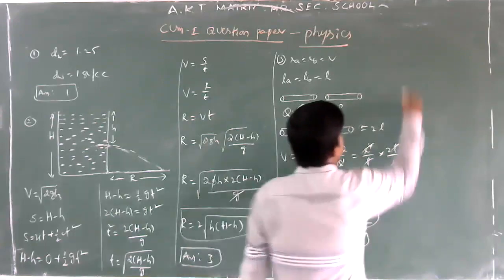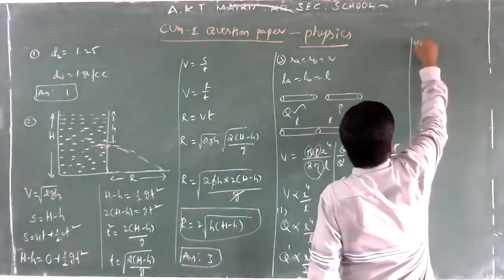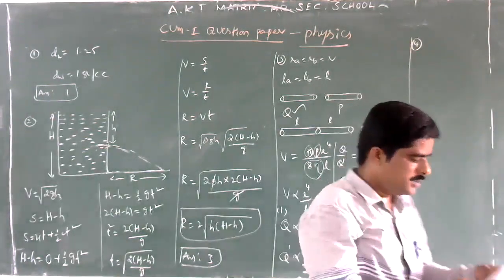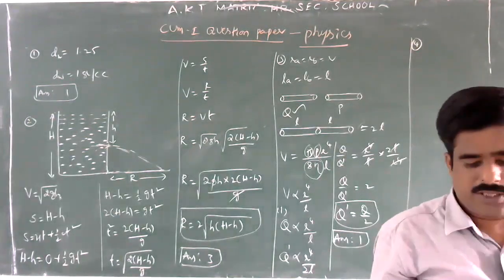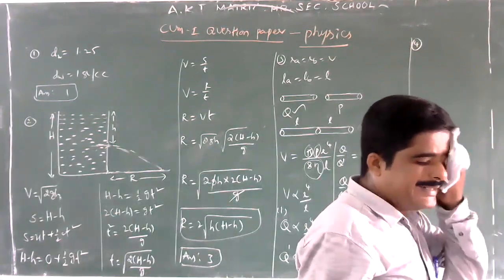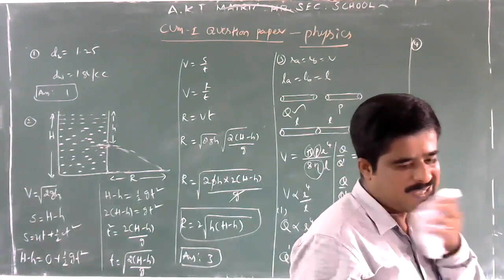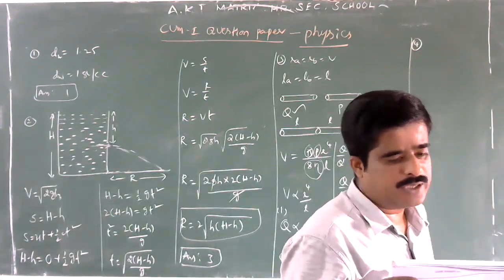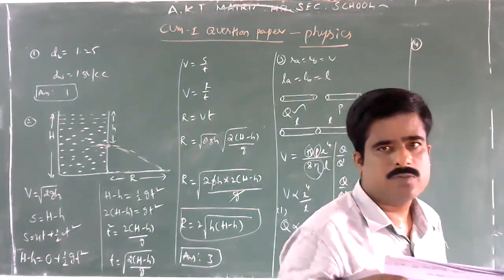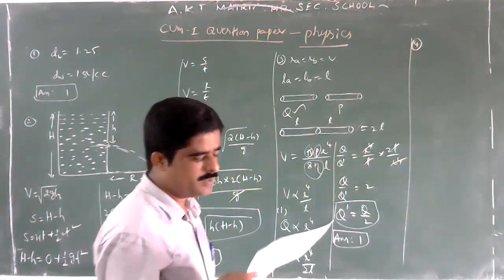Okay. Next. Fourth question. Water rises to a height h in a capillary tube held vertically in a beaker containing water. If the capillary tube is inclined at an angle of 30 degrees with the water surface, the height to which water rises will be.